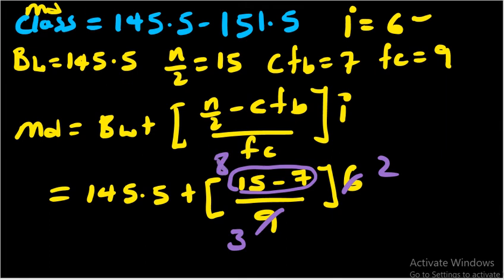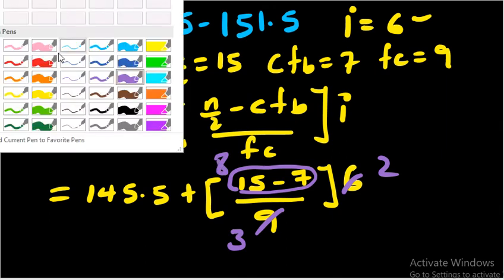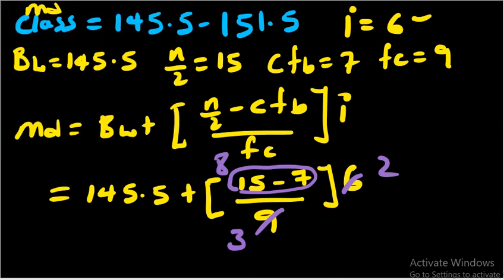Then we can get again here. When we simplify, we cannot simplify further, so we have to multiply. 8 times 2 will be 16. So 16 divided by 3, we have to make it. Multiply 8 by 2, that is 16. 16 divided by 3 will be about 5.33.